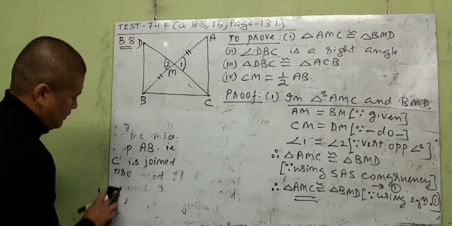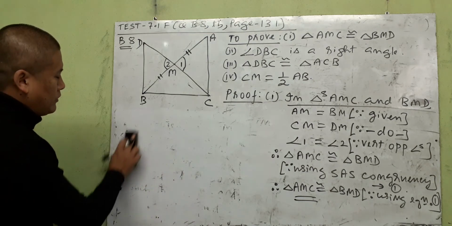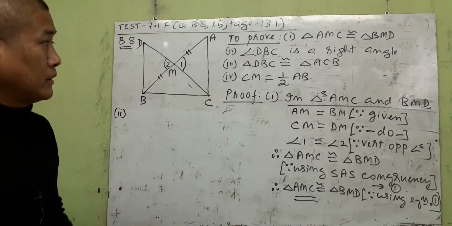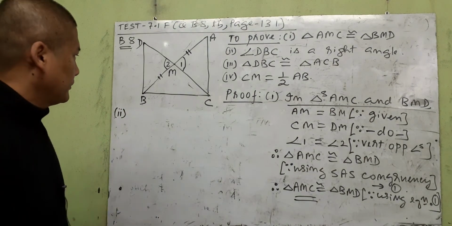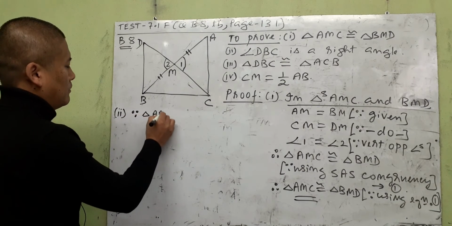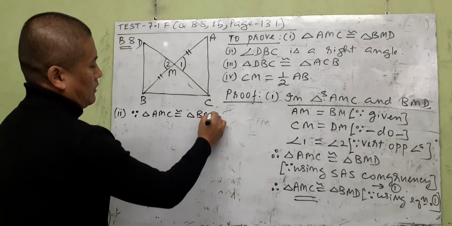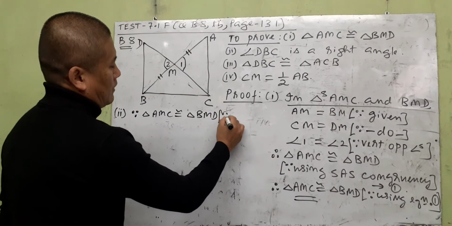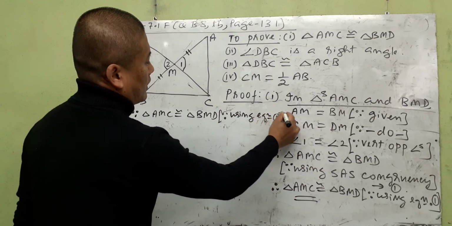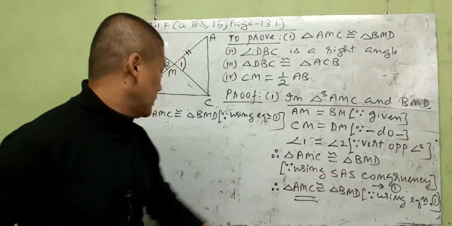Here, see, number 2, let us try the proof 2. In order to prove 2, let us do like this. Since triangle AMC is just now proved congruent to triangle BMD, as we can see by using equation number 1, AMC triangle congruent to BMD proved.